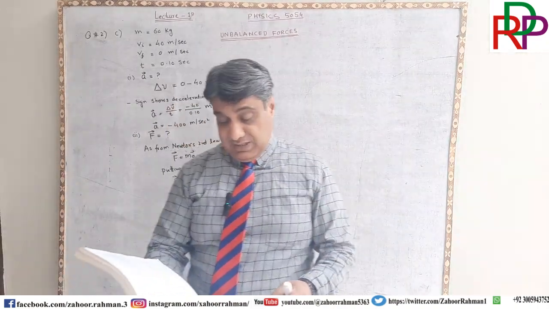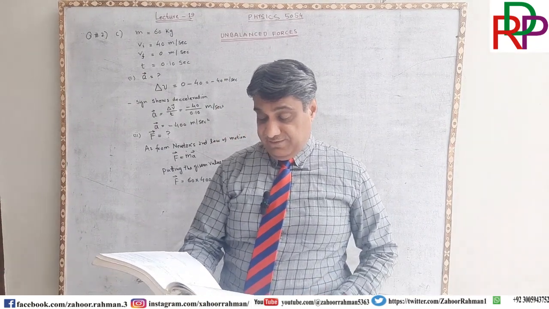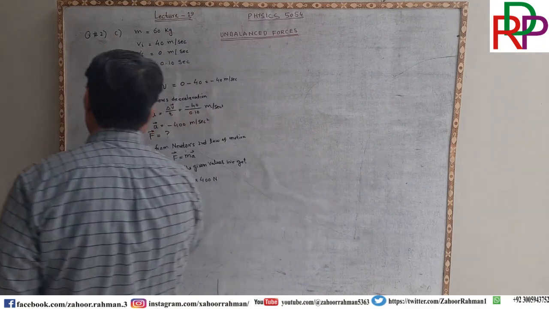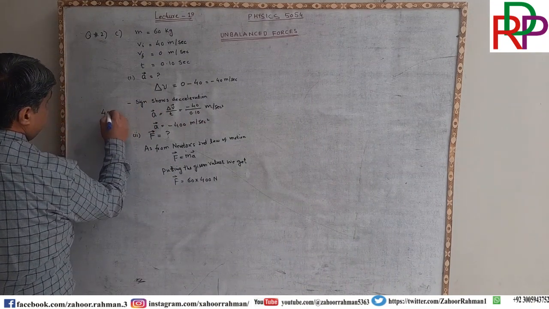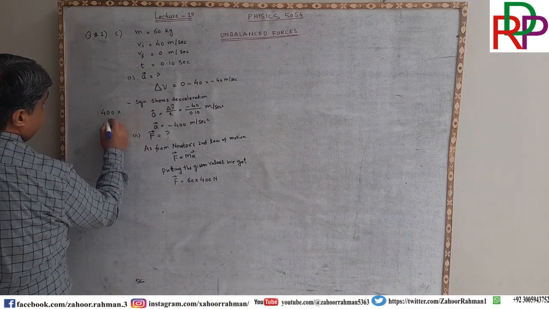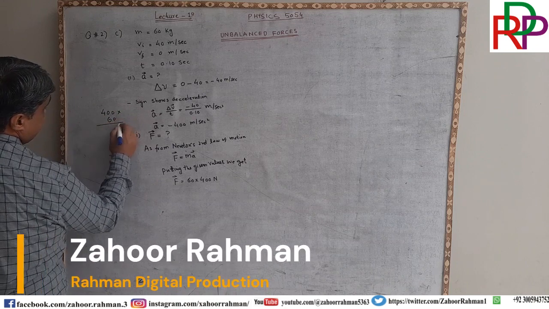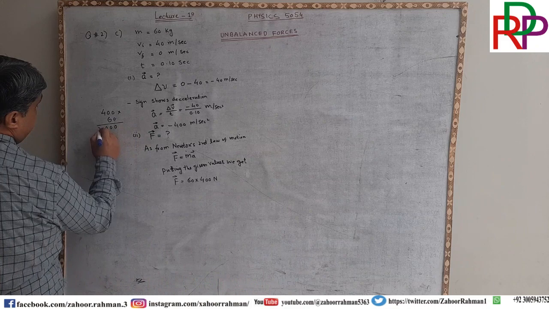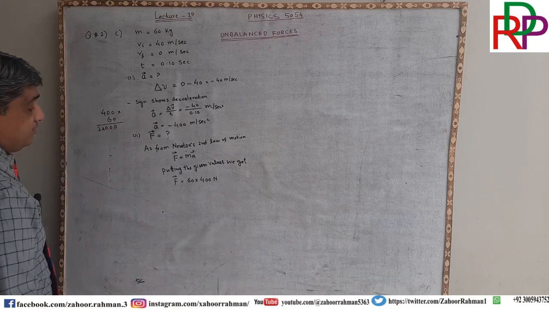Let us calculate this first by multiplying 400 by 60. So 0, 0, 0 and 24,000.